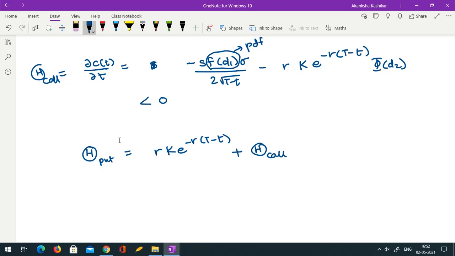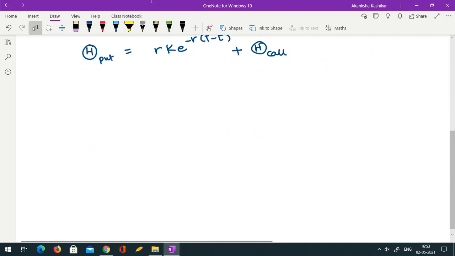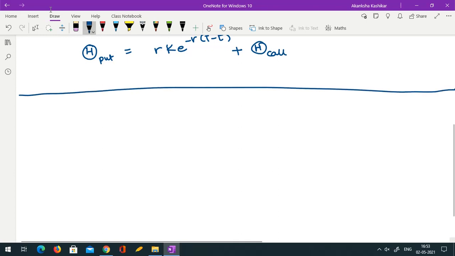Remember, everything else is kept constant. Strike price is kept constant, current share price is kept constant, and so on. As I mentioned in the earlier lecture, theta is not used for hedging because change in time is not unpredictable. We know how time changes. So we can only learn calculations of theta, no hedging.